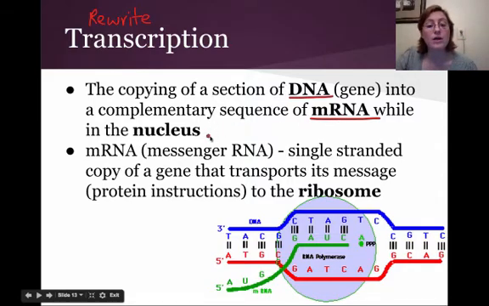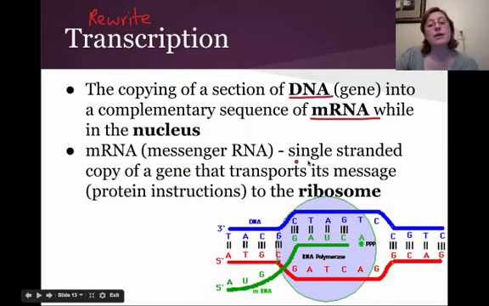This is happening all in the nucleus. So we call this mRNA, M to specify what type it is. The M stands for messenger. Okay? And when you think about what does a messenger do, it picks up something, takes it to where it needs to go, and drops it off. And that's the same idea here.